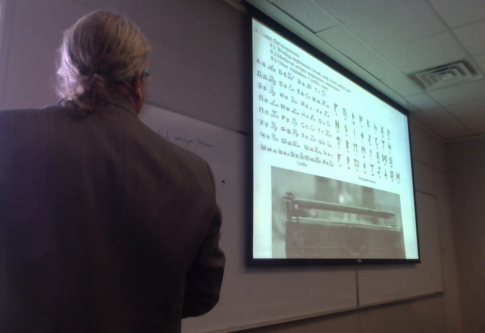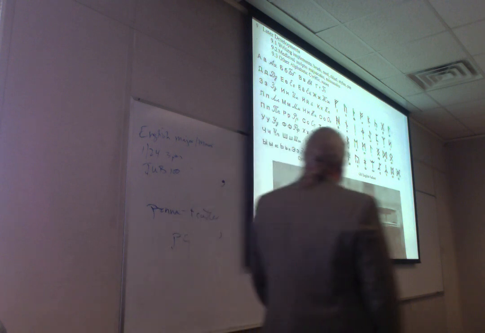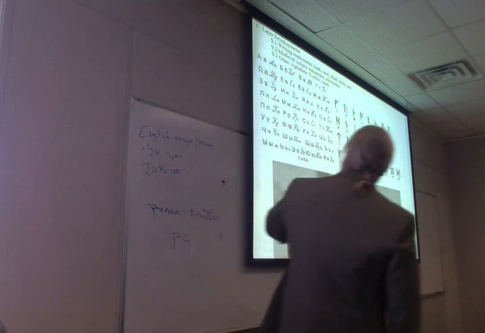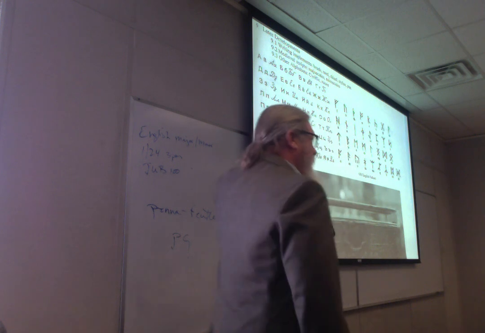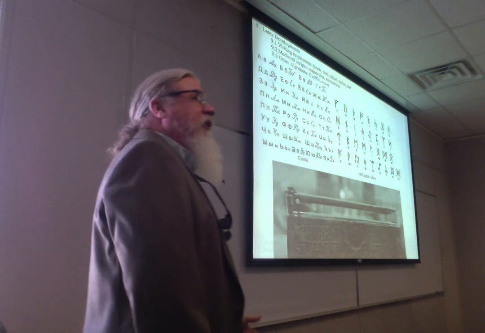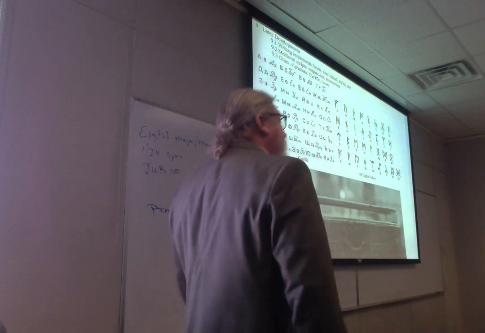Okay, let's look at some other alphabets. Now this doesn't have much to do with the history of the English language. It's just kind of interesting. So Cyrillic, for example, is the alphabet for almost all the Slavic languages. Where does the name Cyrillic come from?